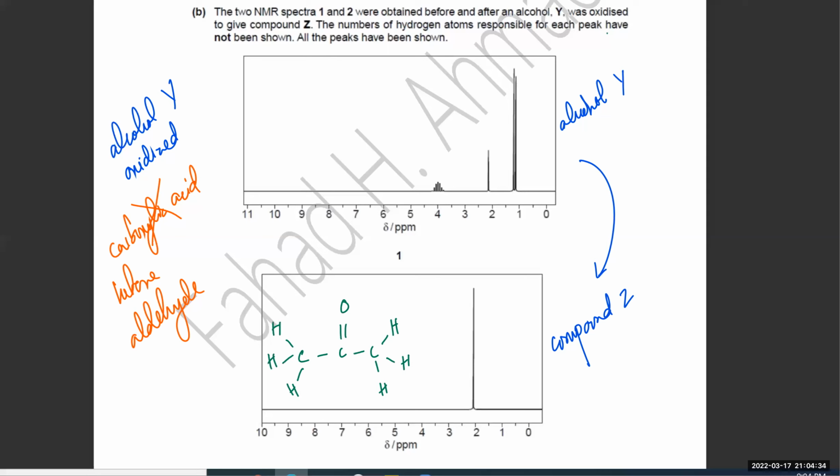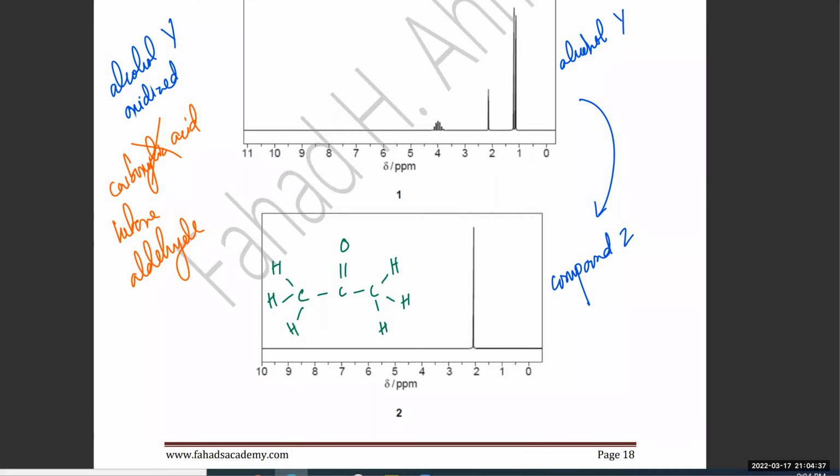If you add one more carbon to each side, will it have a single peak? No, it won't. The CH3 and the CH2 have different environments. So you're not going to have a single peak. So ketone is fine because of propanone. This one is wrong, so it's probably going to be this one because it gives you a single peak.